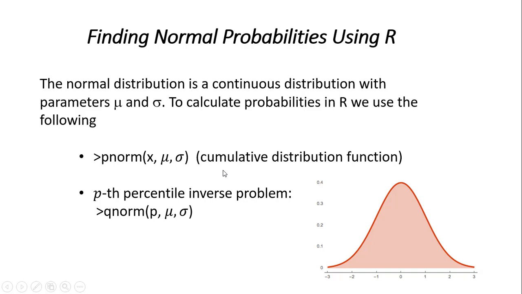That's our CDF. And for the percentile inverse problems, again, we use Q norm. Here we would put in the percentile that we're interested in, and then we have the mean and the standard deviation. Here is a graph of the PDF for a normal, right? We get our well-known bell-shaped curve.